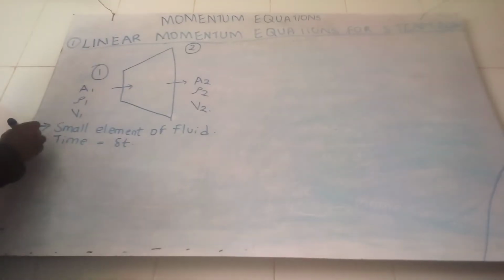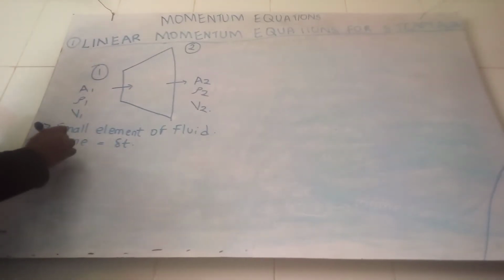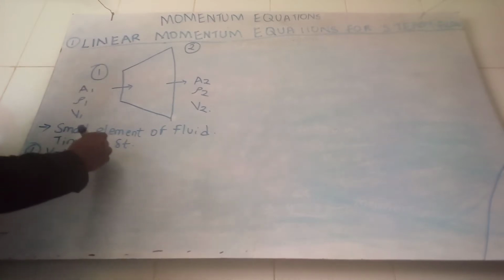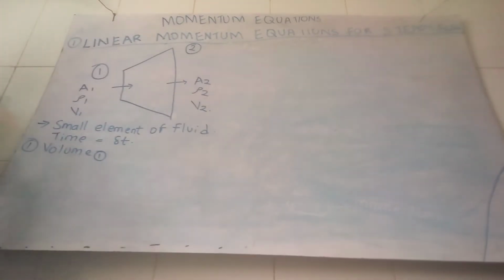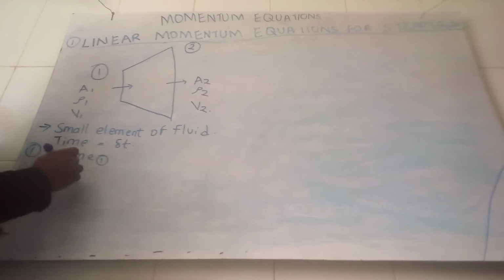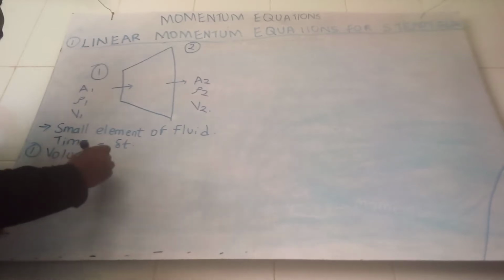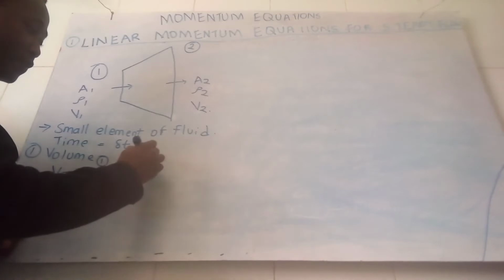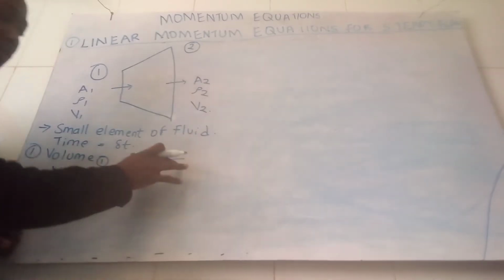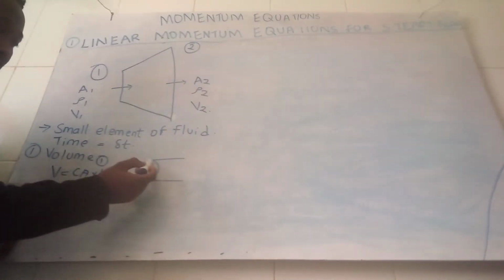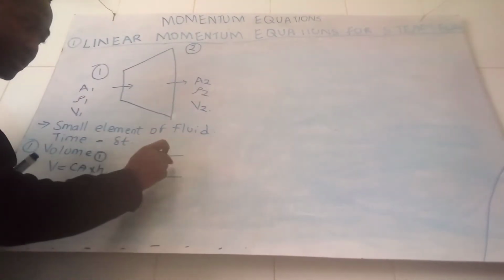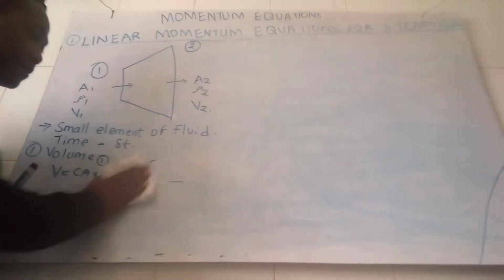To start, we look at the volume that is entering at point 1. Volume is given by cross-section area multiplied by height. If you had a cylinder, the volume of this cylinder is the cross-section area of this circle multiplied by that height. The height is the distance traveled by this fluid.